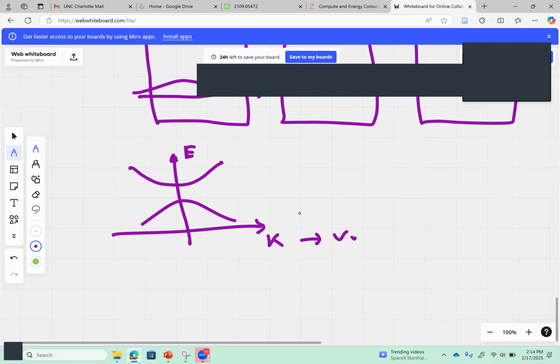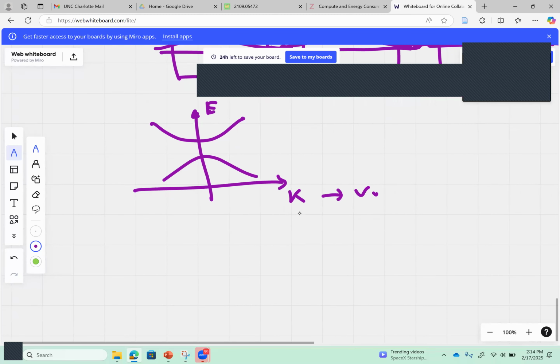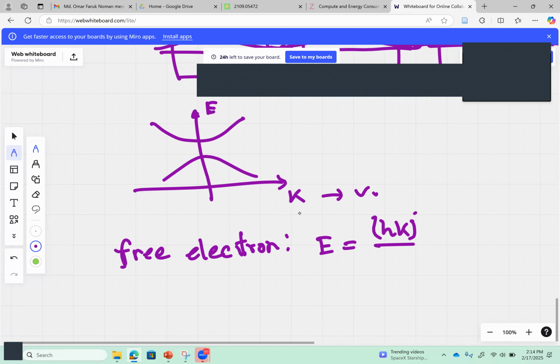How do you find it? Well, let's start from this expression. In case of a free electron, I know my E-k diagram would be just a parabola. So let us just write it: E equal to ħ²k² divided by twice m.